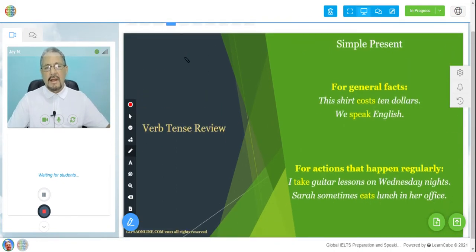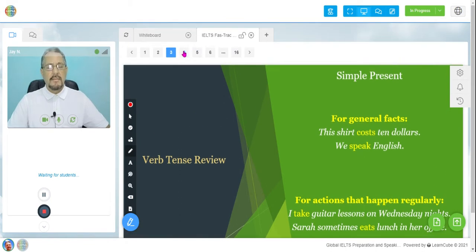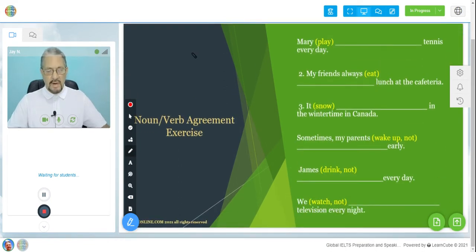And then in every class, we do some sort of a review with the verb tenses. For example, today in this one is just reviewing the simple present, why we use it, how we use it, etc. And we reinforce this by using it, basically like fill in the blank, right?